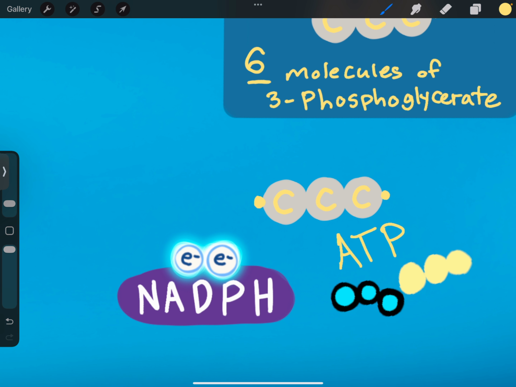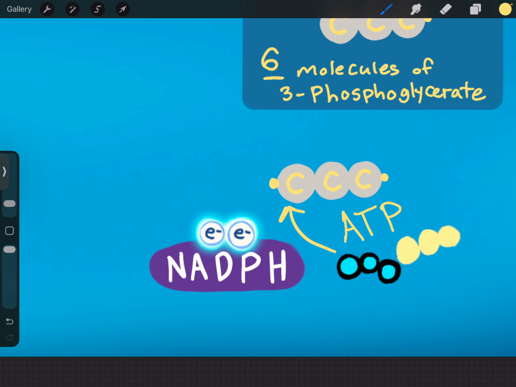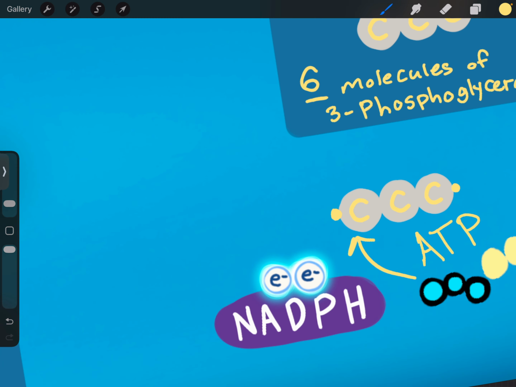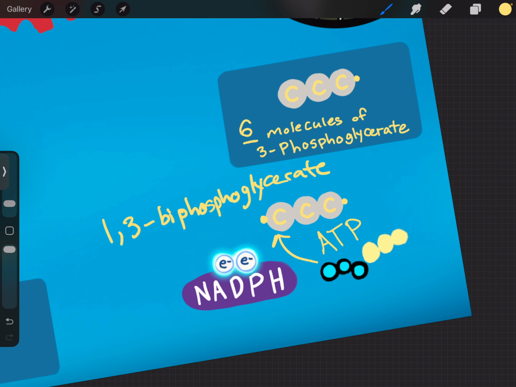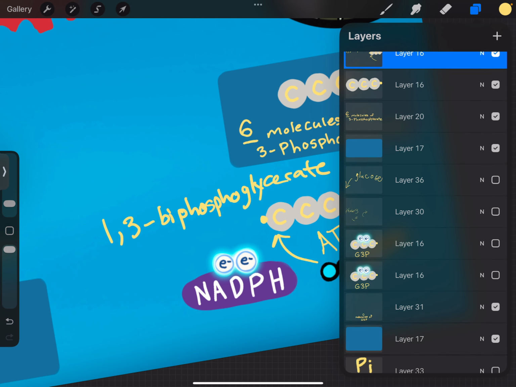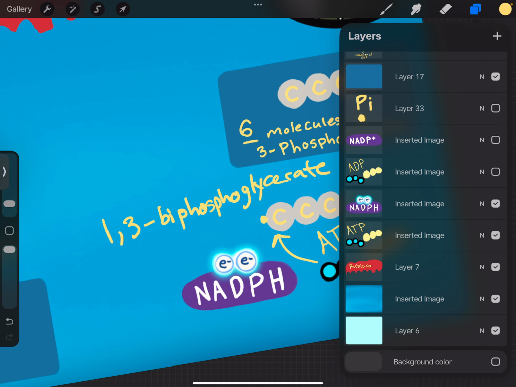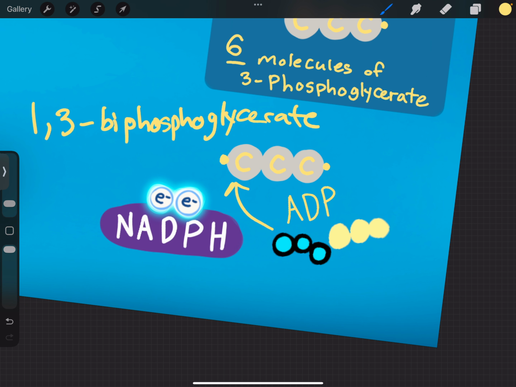It receives a phosphate group from ATP, and then this turns it into a doubly phosphorylated molecule called, I don't know how to say this, actually, 1,3-biphosphoglycerate. And as a result of this reaction, it leaves behind ADP as a product.